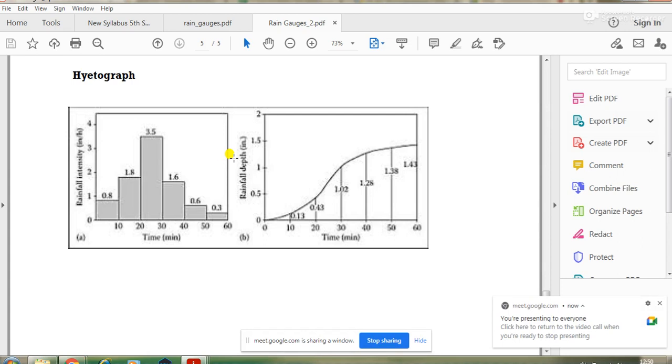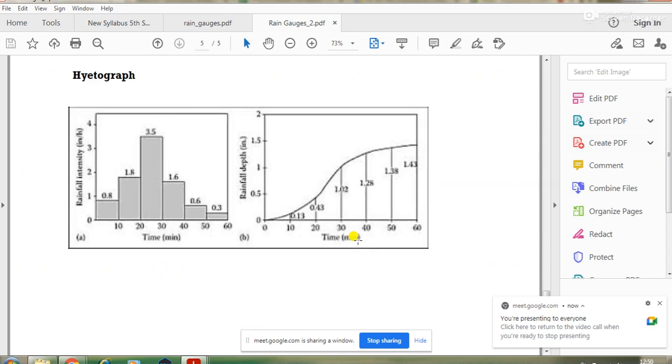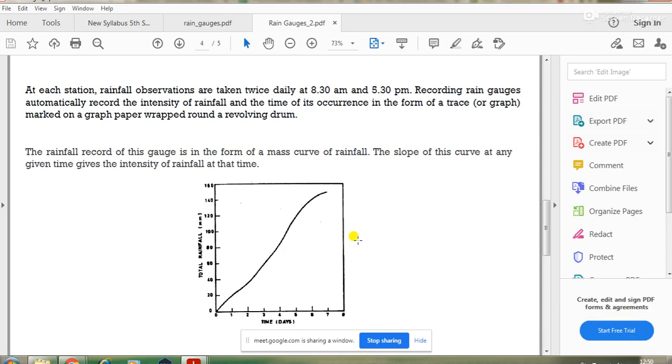Okay, so hydrograph is nothing but a graphical representation of the rainfall. Here in this particular figure, it is the rainfall intensity in inch per hour with respect to the time, and here it is the rainfall depth in inches with respect to the time. So definitely some recording and non-recording type rainfalls are given, and obviously you need to do the graphical representation also.